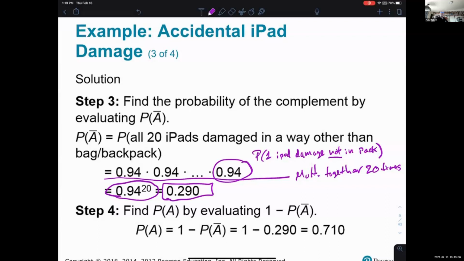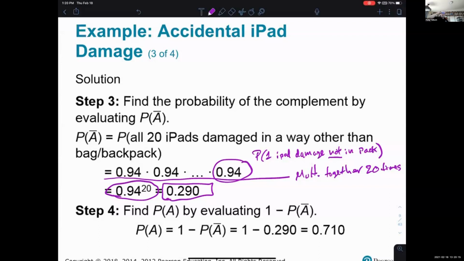Now, that's the probability that all 20 would not have been damaged in a backpack. That means the complement of all 20 not being damaged in a backpack is that at least one of them was. And that's the probability we're actually looking for.